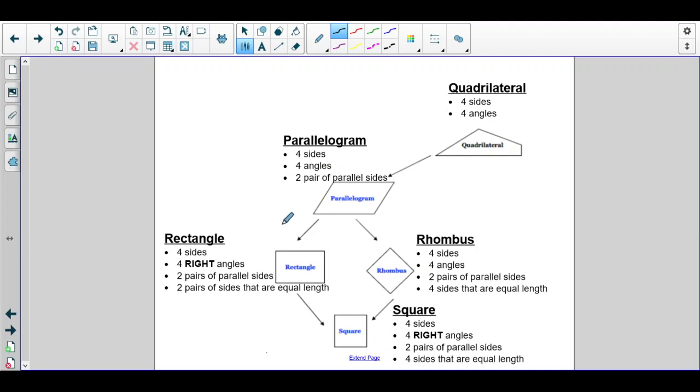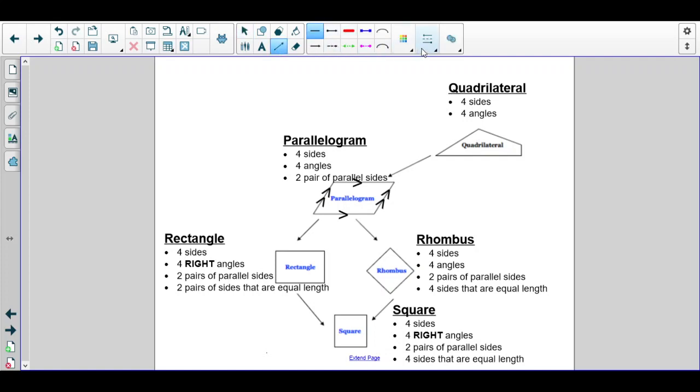Then we can go one step further and say with a parallelogram, all right, it has these two properties, four sides, four angles, but then add something. Does it have two pair of parallel sides? Well, when we take a closer look, we see that there are two pair of parallel sides.